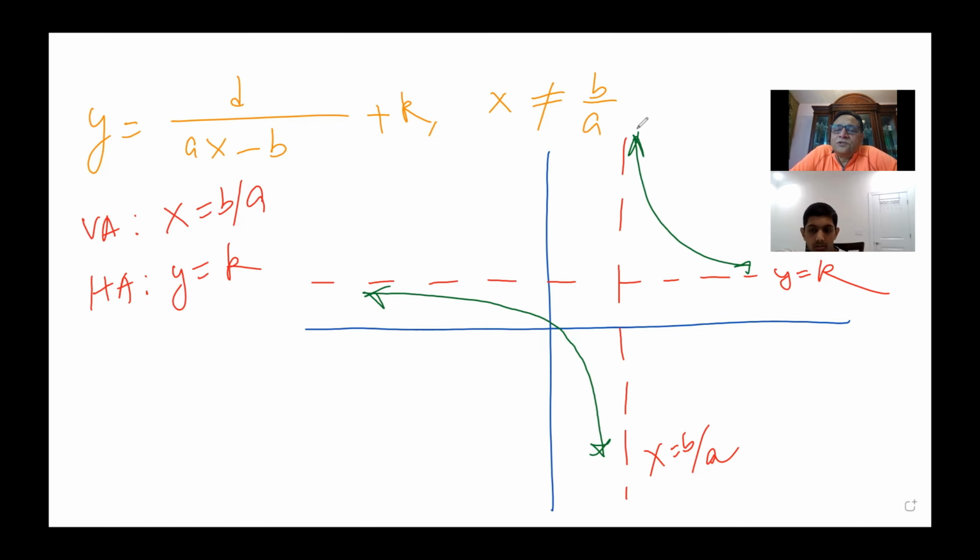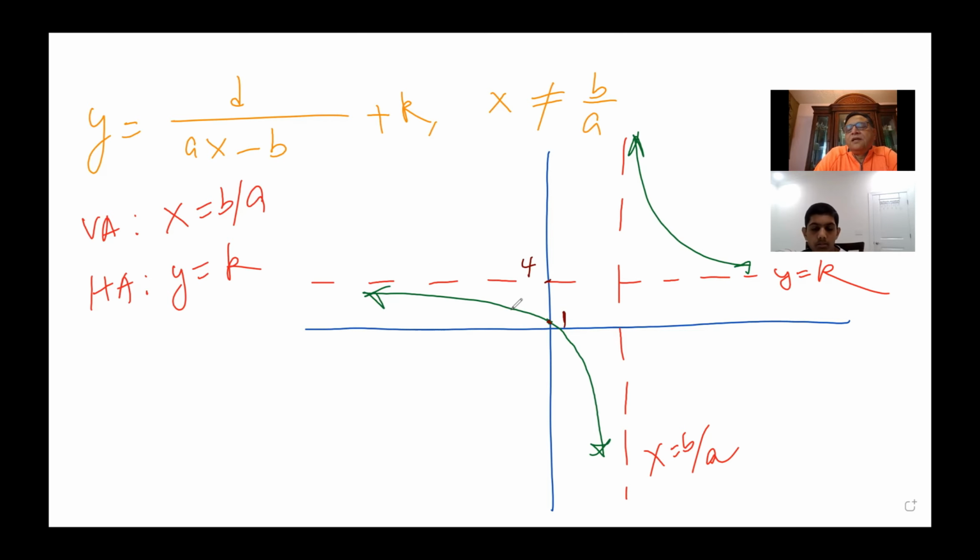Now, can I ask you one question? Yeah. I want to find the equation. Let me give you some points now. Let me say that this point is 4, okay. This is 4, and this point is, let us say, 1. Is okay, y-intercept?